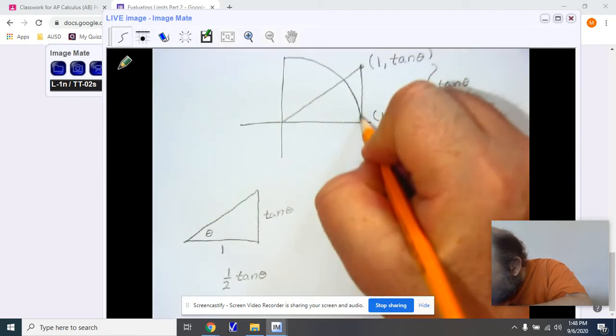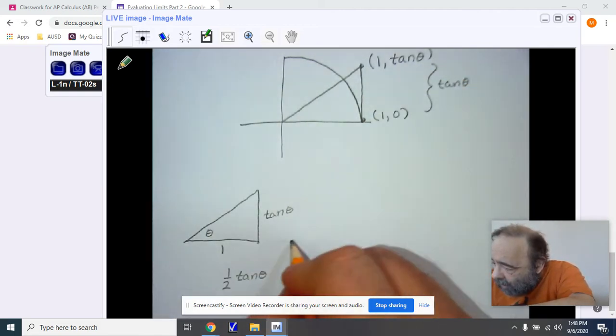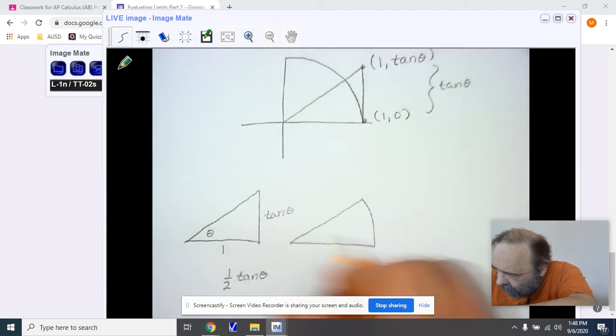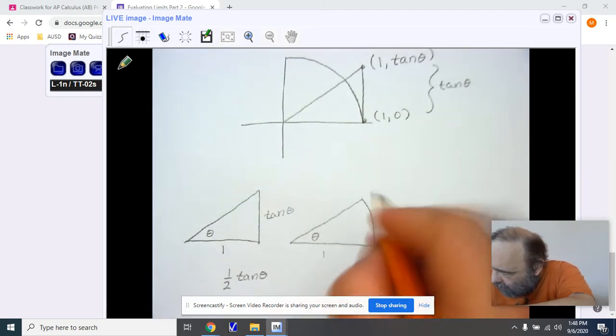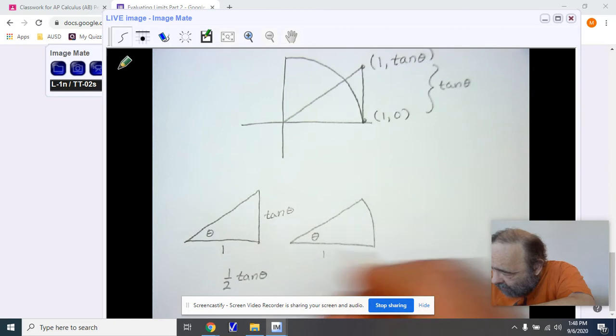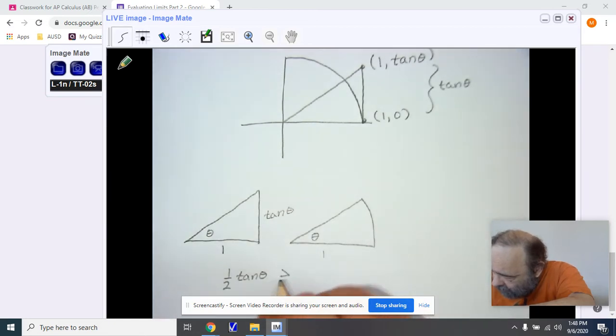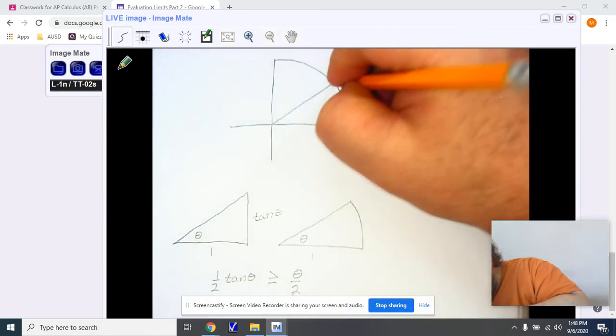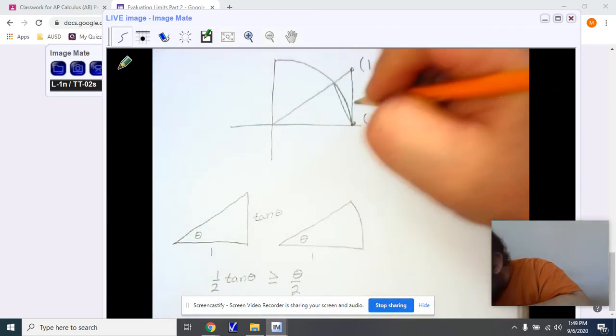Now you'll notice that there's an arc, and the arc has an angle. The area of this sector is theta divided by 2. The third piece that we're going to find is the triangle sitting right inside.